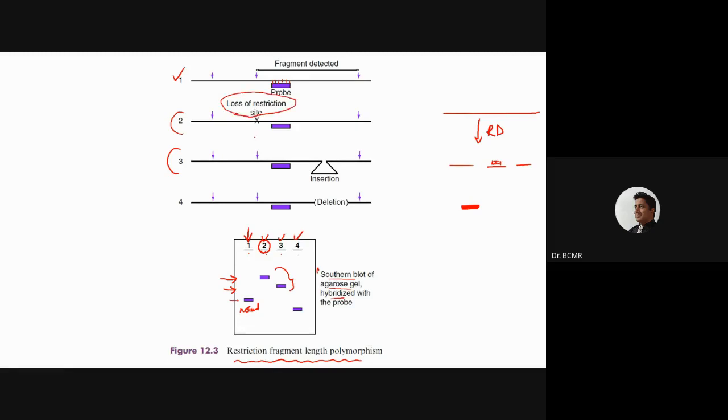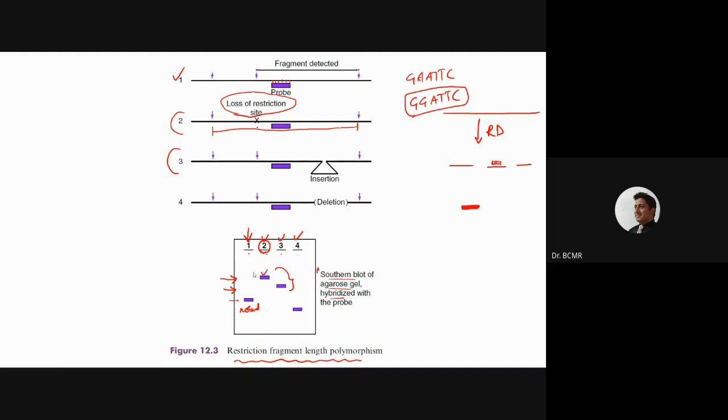Say a point mutation happened, and GAATTC is mutated to GGATTC. It is not an EcoRI site, because of which EcoRI is unable to cut it here anymore. So the whole fragment would be detected, because of which the size has increased.